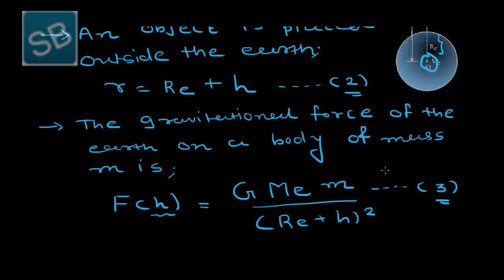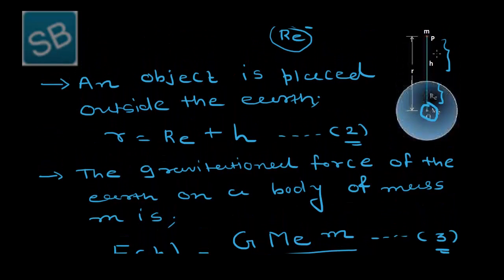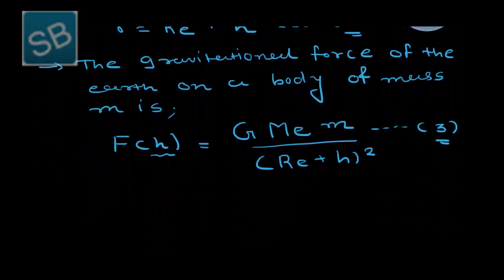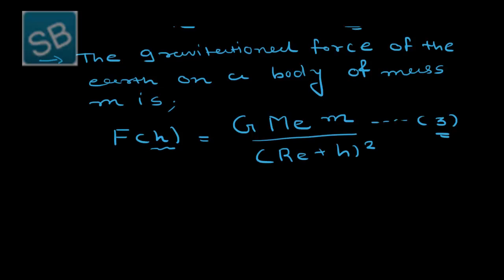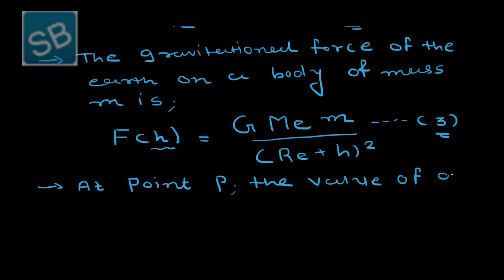But at point P, if you can see the figure, at point P the value of gravitational acceleration only. So I can write down the value of g, means gravitational acceleration.